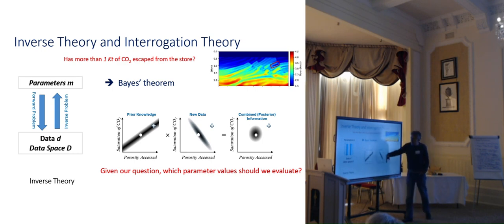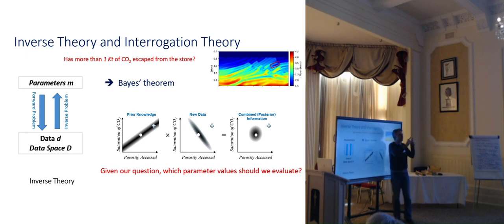And if we think about our prior knowledge, well, the more CO2 that's leaked, the more of the space that's been accessed by leaking CO2, we might expect the more the saturation increases. So essentially, we increase the concentration of CO2 relative to water in that overburden. And so there would be a prior relationship that went like this, the porosity accessed versus the saturation of CO2; they would increase together.